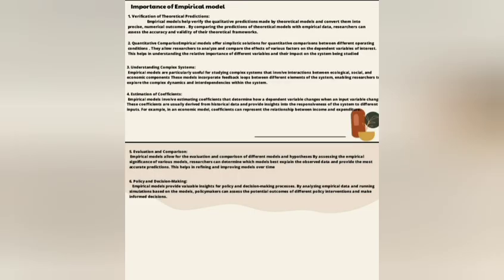Empirical models are essential tools for understanding complex systems, verifying theoretical predictions, estimating coefficients, evaluating models, and informing policy decisions. They bridge the gap between theoretical and real-world observations, enabling researchers to gain valuable insights into the phenomena they study.